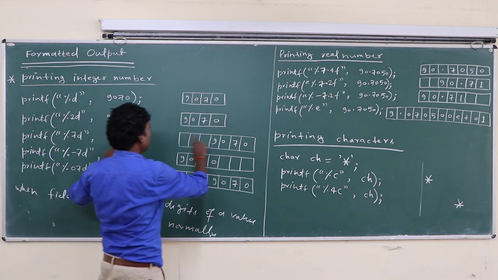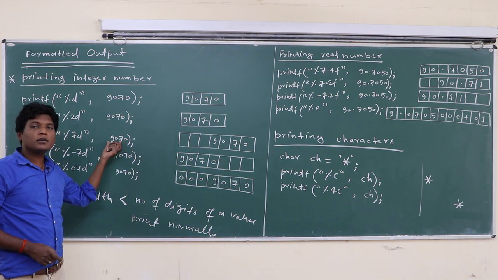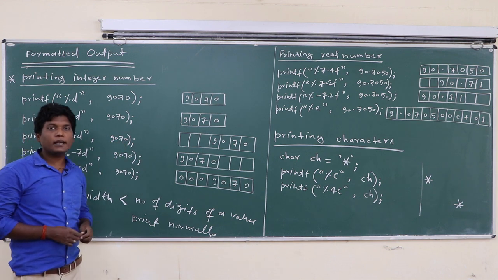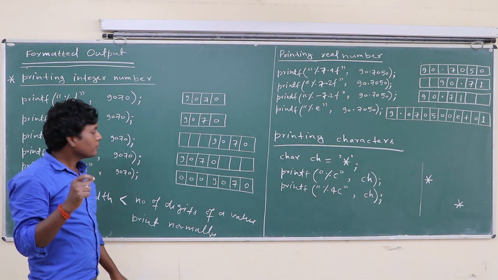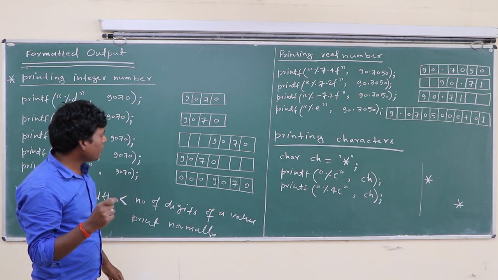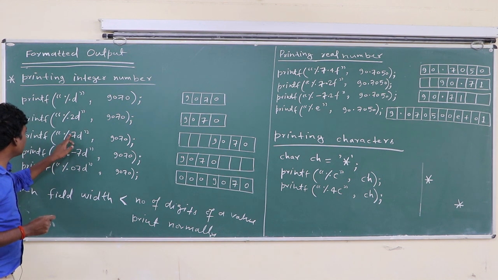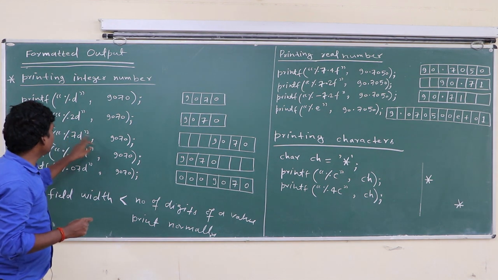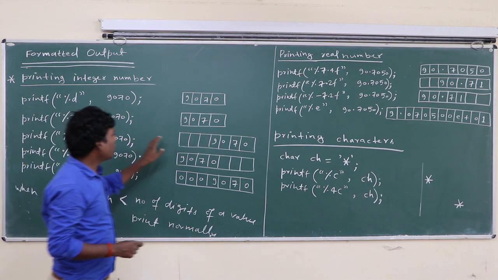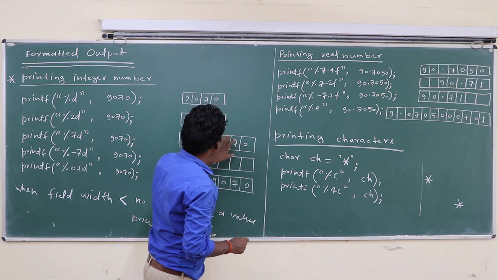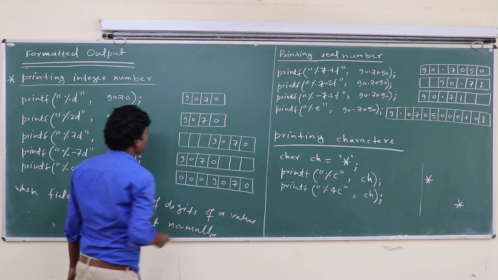So there will be 7 blocks, and we can print this 9070 in 7 blocks with format. Here is a positive, here is a plus, so it will be right justified. This 9070 is printed on the right side, leaving the other blocks vacant.